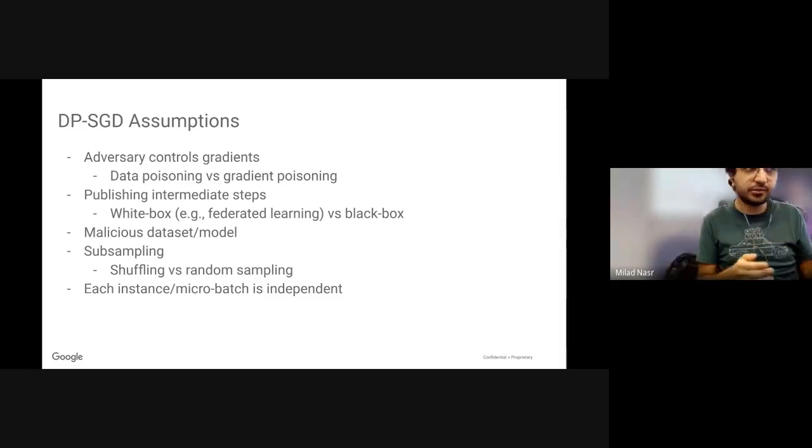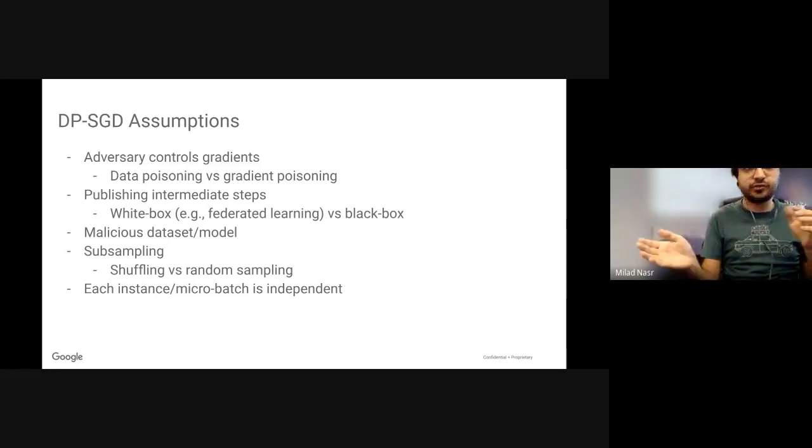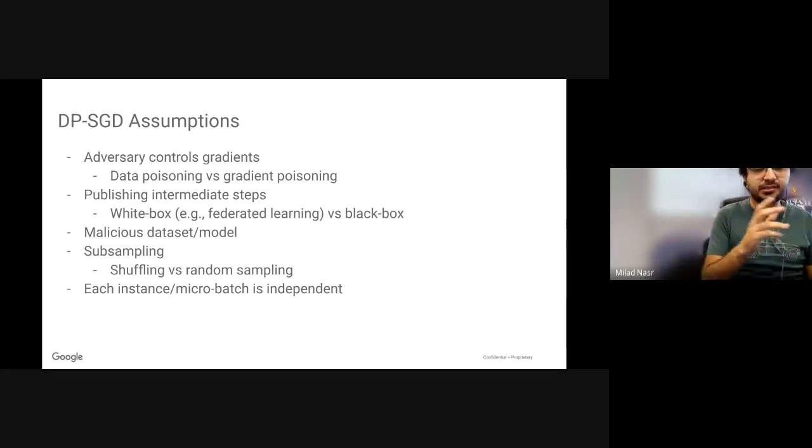It also assumes that the adversary can look at all of the intermediate steps. So we have these settings of white-box access to the model, where the adversary can look at each gradient update, which might not be as practical, but in settings like FedSGD in federated learning, it can be possible to see every update of the model, or the adversary can have API access or black box access.